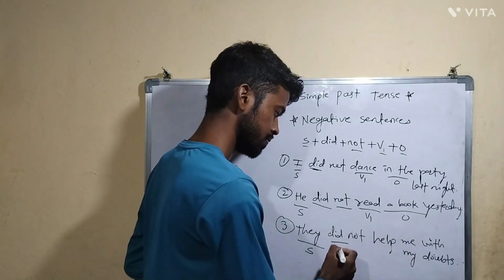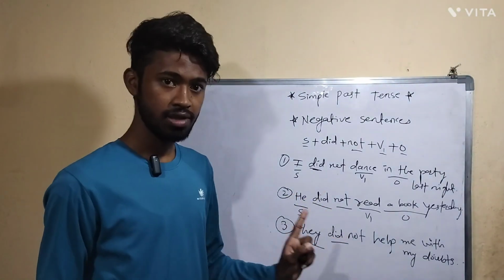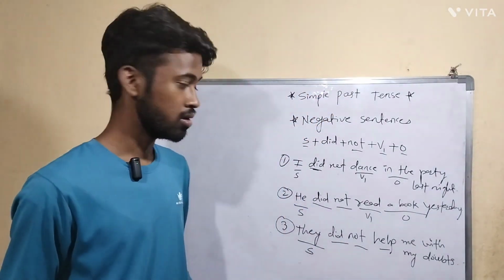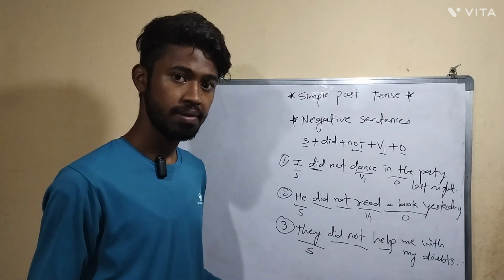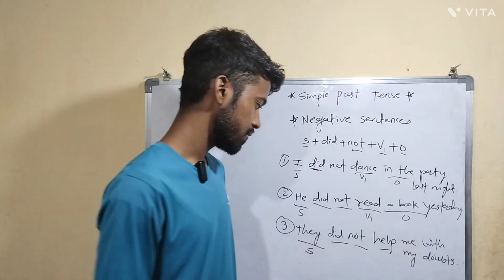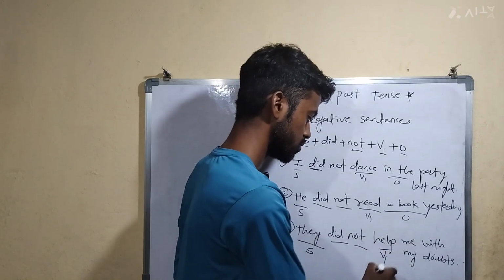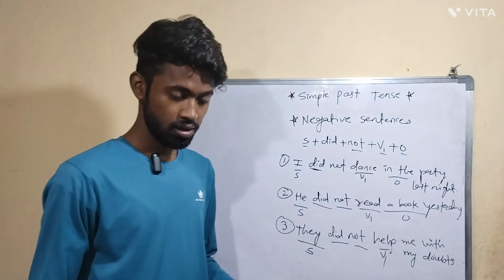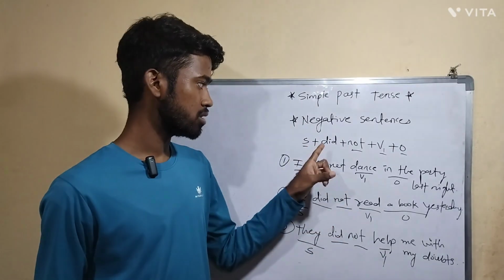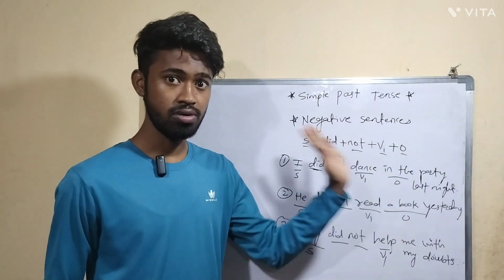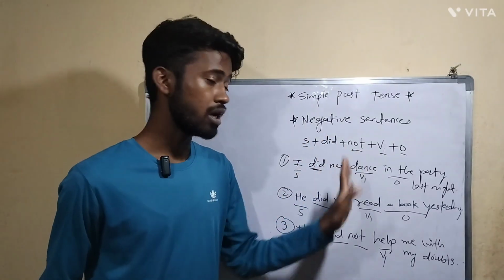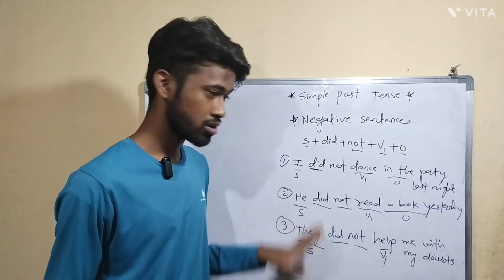For that too we are using did, and even for a singular subject we are using did. So irrespective of subjects, singular or plural, we have to use only one helping verb, that is did. So what you need to understand here: subject plus did not plus first form of verb plus object. Did is a helping verb and we have to use the first form of verb in these structures.